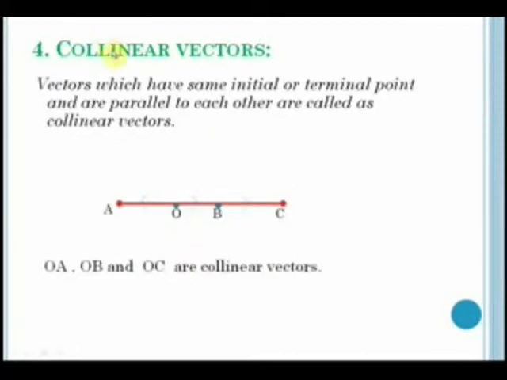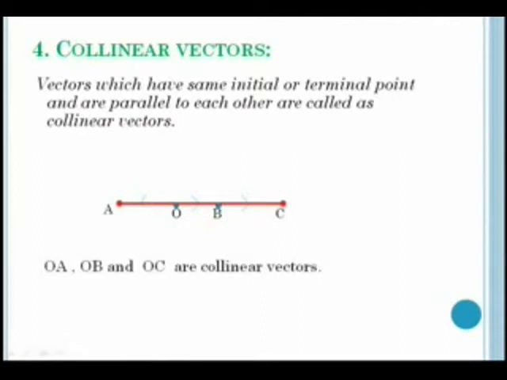The fourth is collinear vectors. Now vectors which have the same initial or terminal point and are parallel to each other are called as collinear vectors. Now we already know what are collinear points. Similar is the case with the collinear vectors. So if we say that these points A, O, B, C are collinear to each other, then the vectors OA, OB, OC are collinear to each other because they have the same initial or terminal point and are parallel to each other.